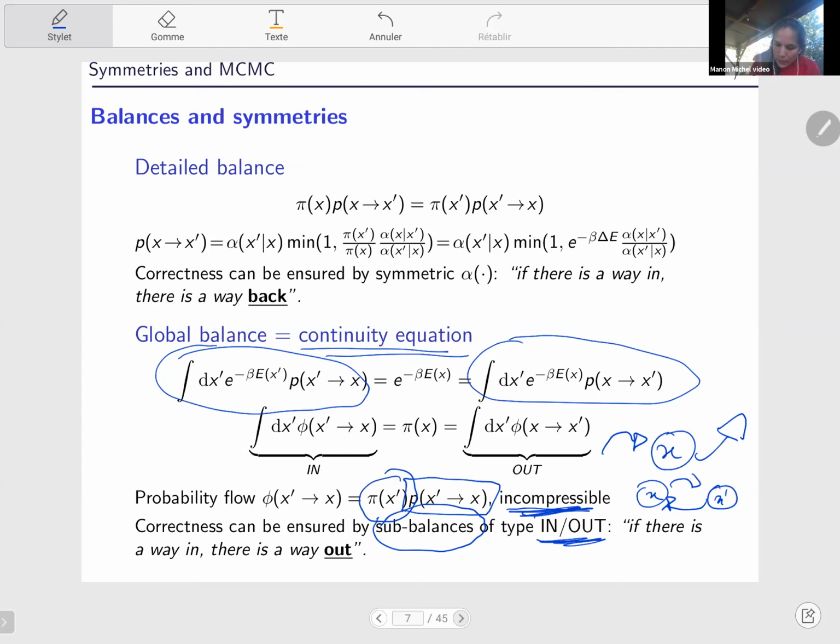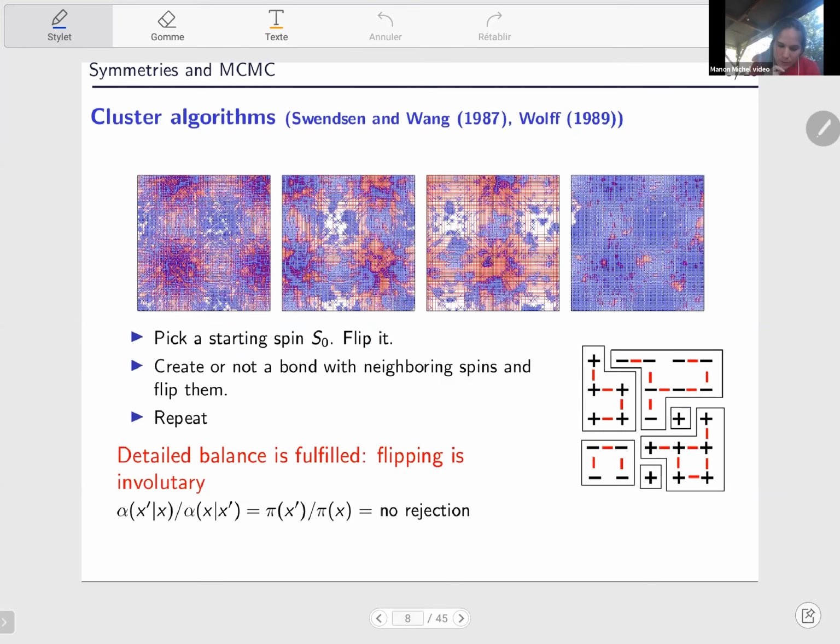At first, detailed balance was seen as a rule that one could not break. So, for instance, for a spin system, here in blue you have spins that are up, and in red you have spins that are down.